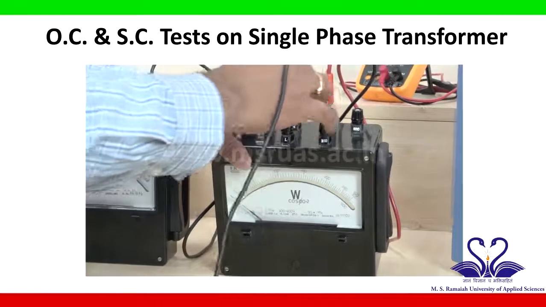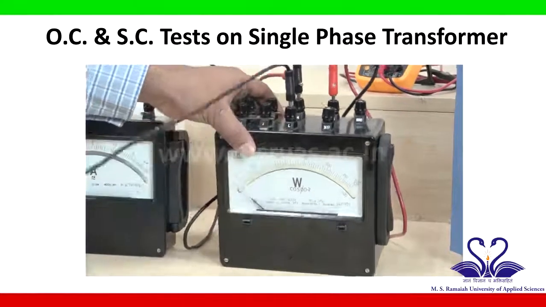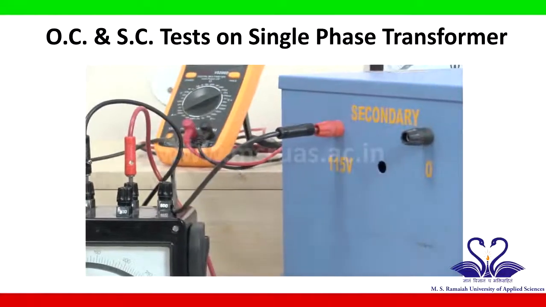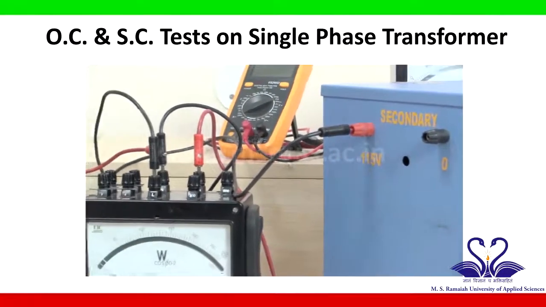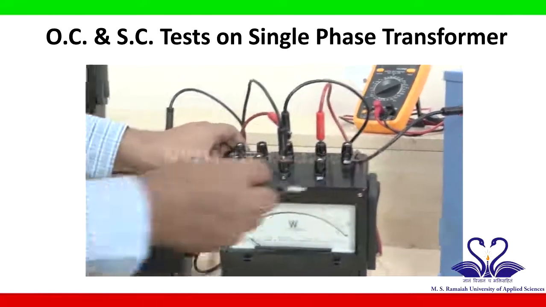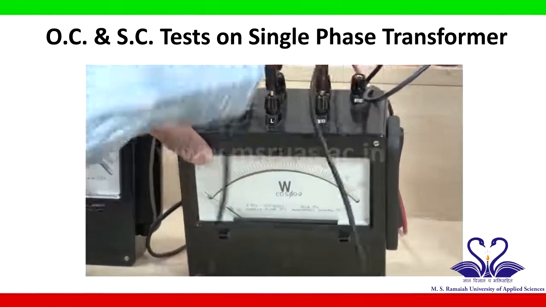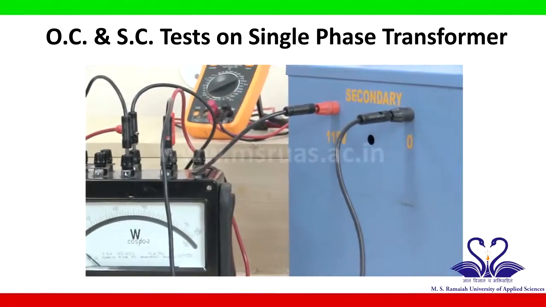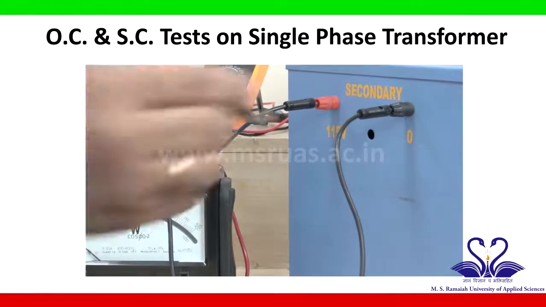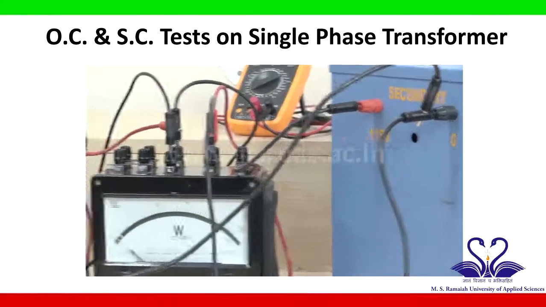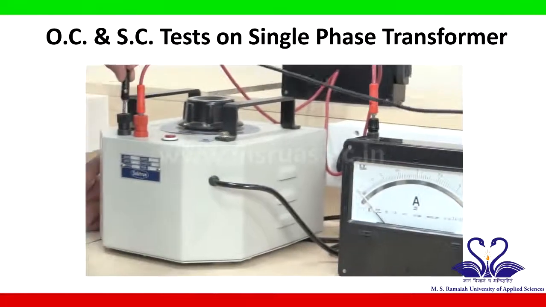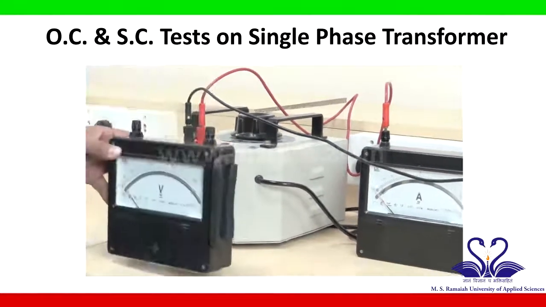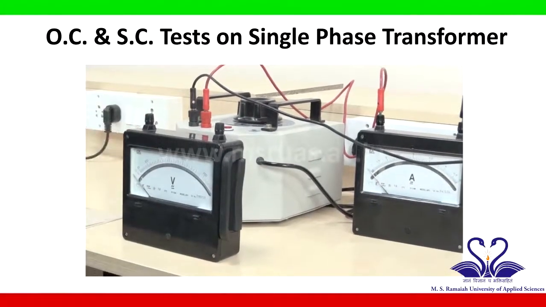From the L terminal, it is connected to the 115 terminal of the secondary of the single phase transformer. From the 300 terminal, that is the V terminal, it is connected to the 0 terminal of the secondary of the single phase transformer. From the same terminal, it is connected to the neutral of the auto transformer. We have to connect a voltmeter parallel to the supply.